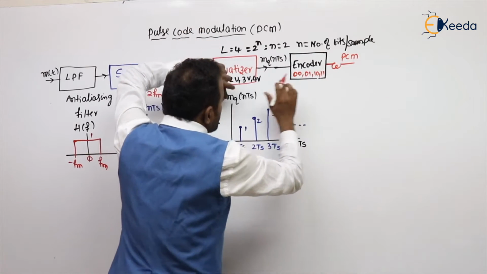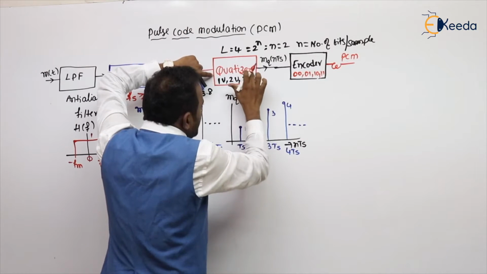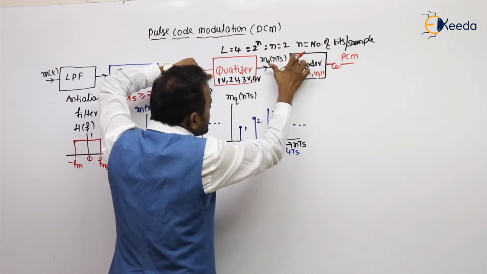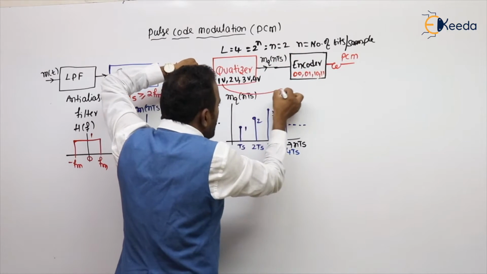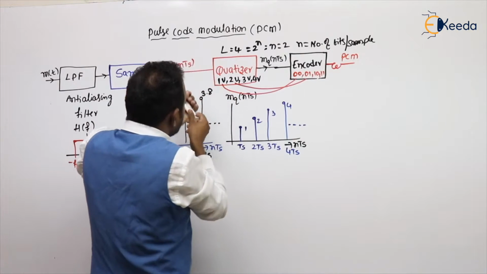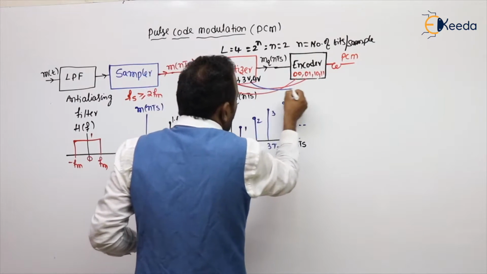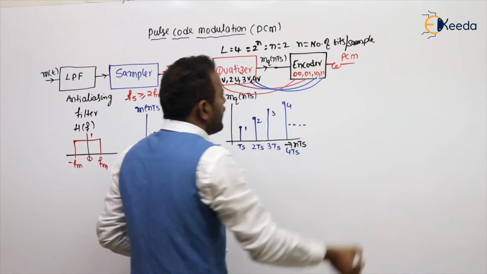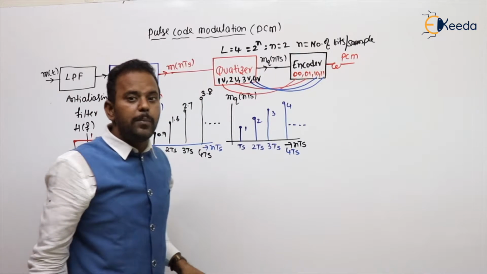There is an internal mapping between the quantizer and encoder in such a manner that 1 volt came, send 00, 2 volt came, 01, 3 volt came, 10, 4 volt came, 11. A unique mapping will be there.